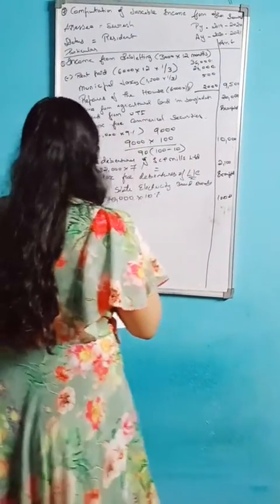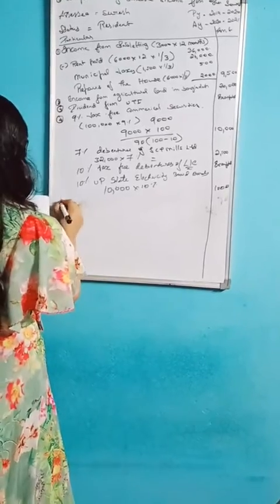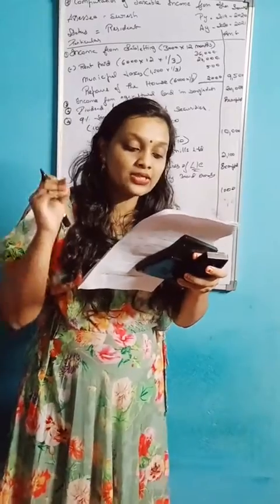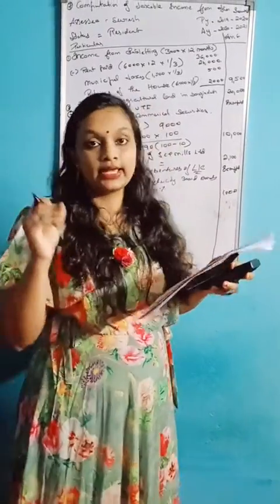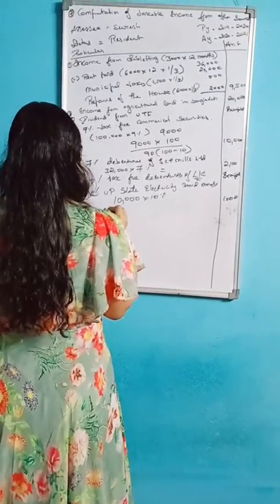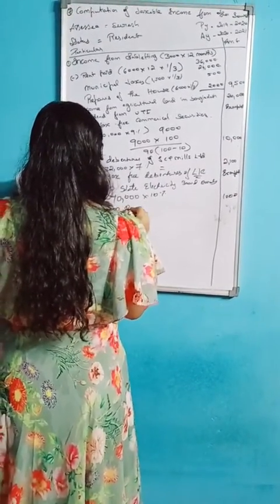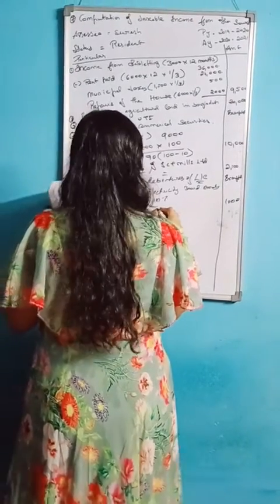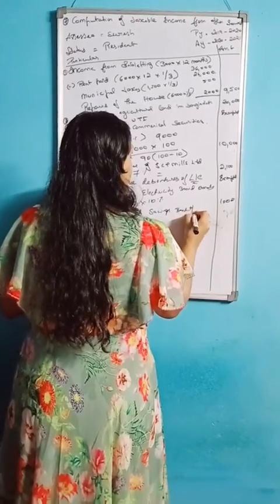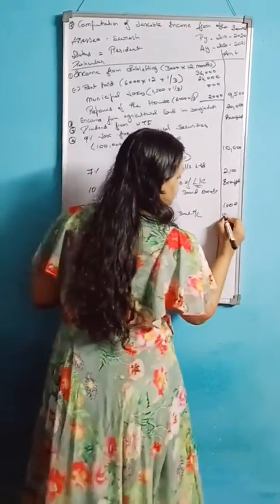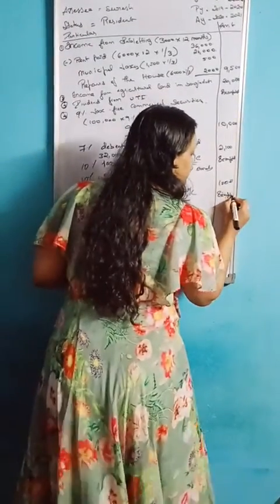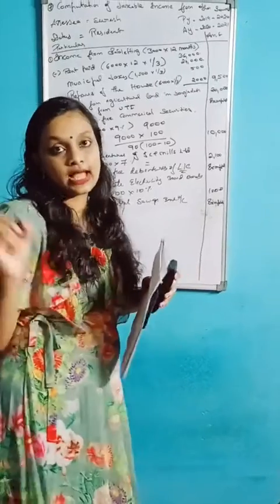The next question is interest on postal savings bank account, rupees 1,000. It's exempted because it is less than 3,500. So it's exempted.